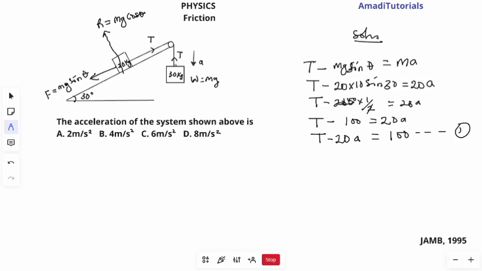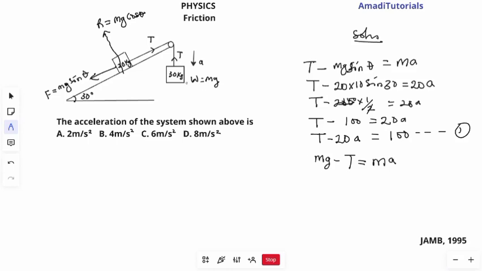But since this one is greater, the resultant force is given by the weight of this one, which is mg, minus the tension in the string. The weight of that one minus the tension in the string will give us the final, which is mass times acceleration.